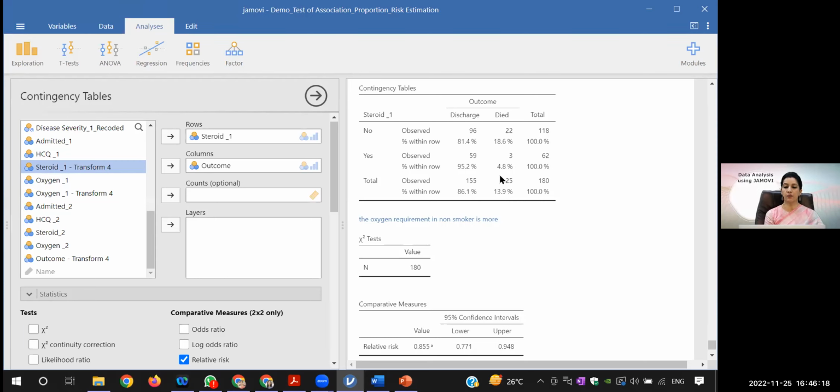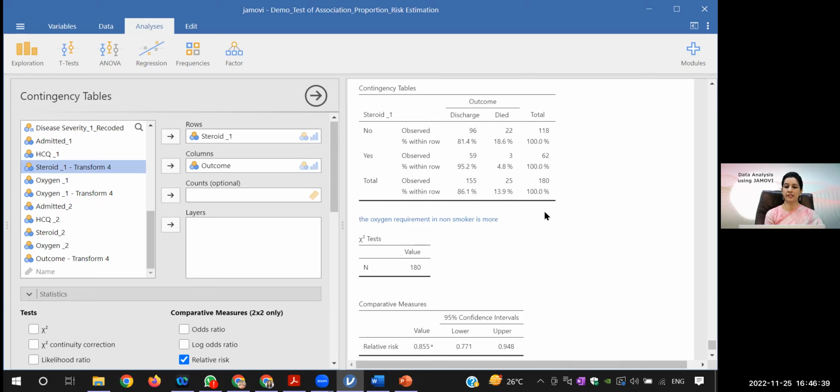And similarly, you will see that in the people whom we have not given the steroid, the death is 18.6%, whereas in whom we have given the steroid, the death is 4.8%. So this is how we do the interpretation of relative risk.